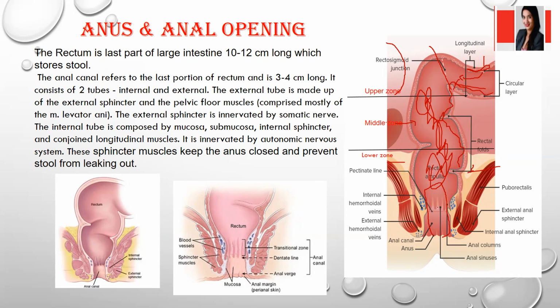When we are talking about the whole downward lower zone, you can see in this image the extension of the smooth muscle going on. This smooth muscle is behaving as an internal sphincter. The smooth muscles will keep closing the anal canal together.